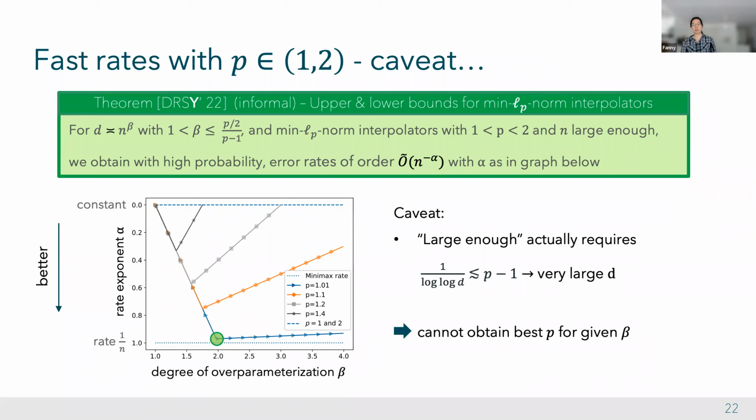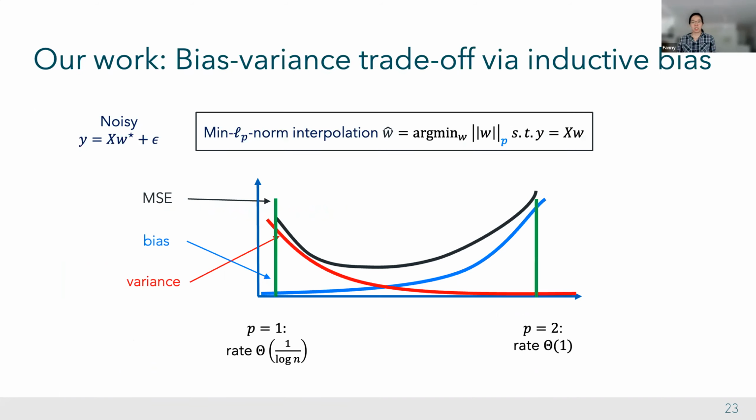And so we cannot actually find the minimum or the best p for a given beta. But this is just a technical caveat that I wanted to mention, so we're not at the end of the journey yet.